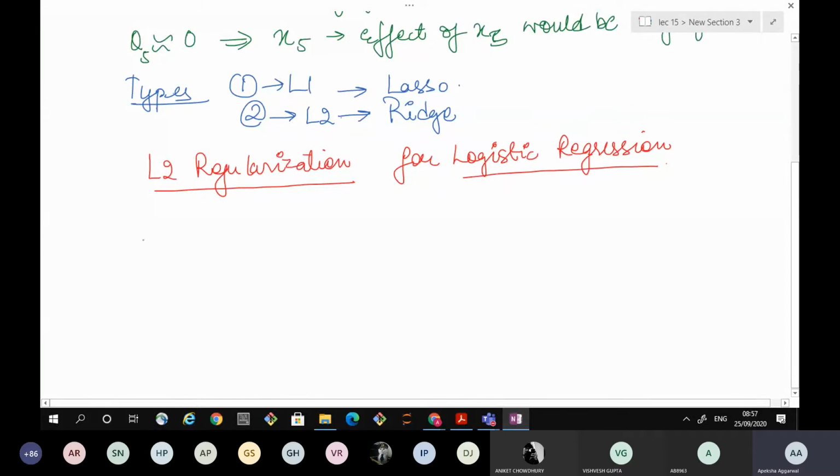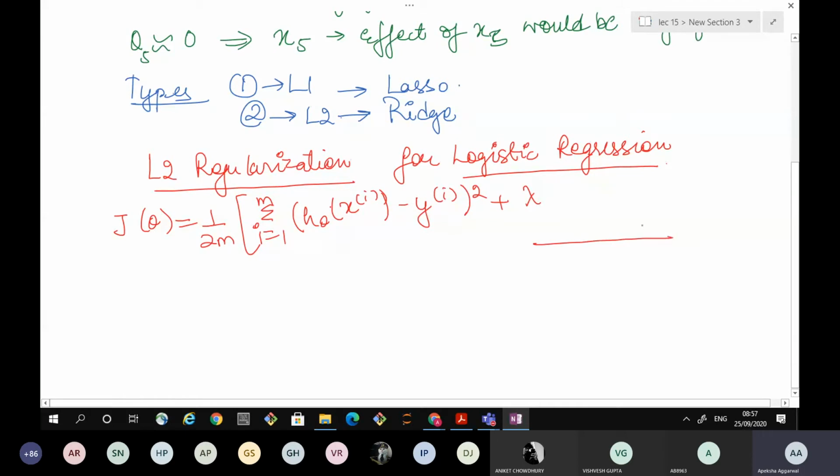We have something like J theta equals 1 upon 2m, sigma i equals 1 to m for m training examples, then I have h theta of xi minus yi, and plus, so this is the regularization term, i equals 1 to n for all the parameters.